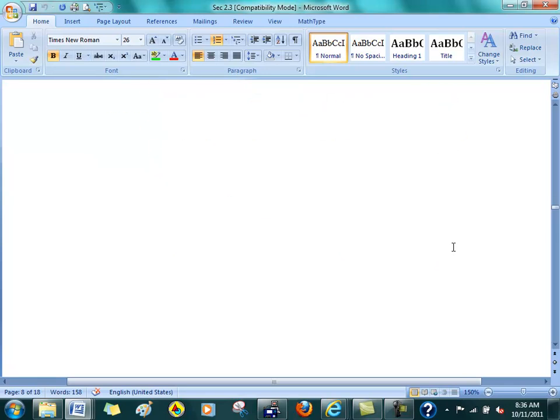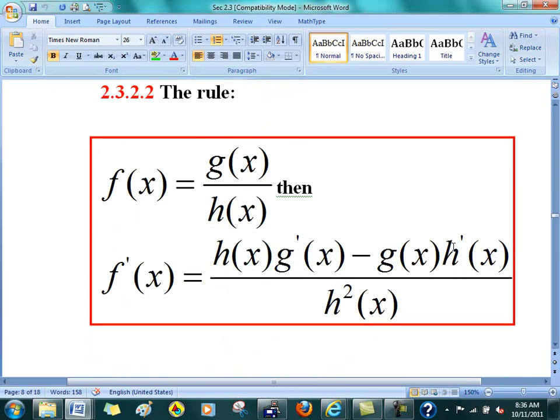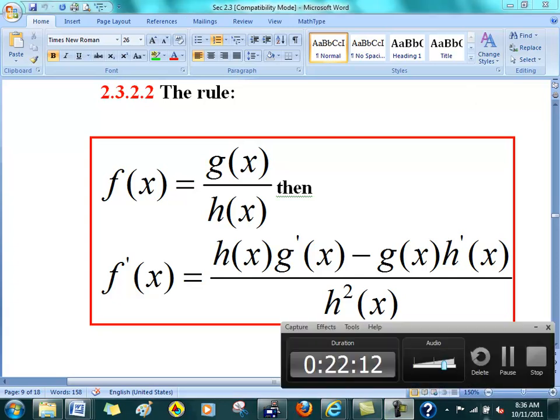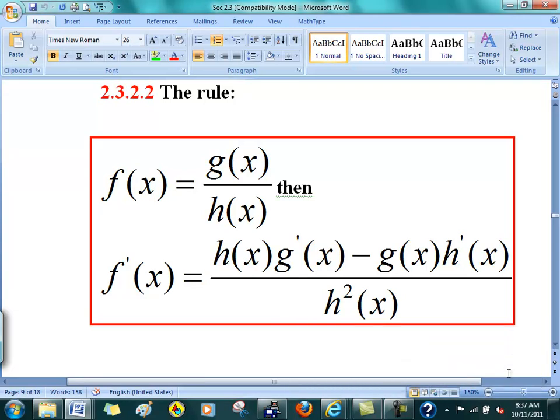It'll look really complicated if you see it, but when we do it, it's going to be fairly easy. So for the quotient rule, you keep the denominator constant first, differentiate the top, minus, keep the top, differentiate the bottom.